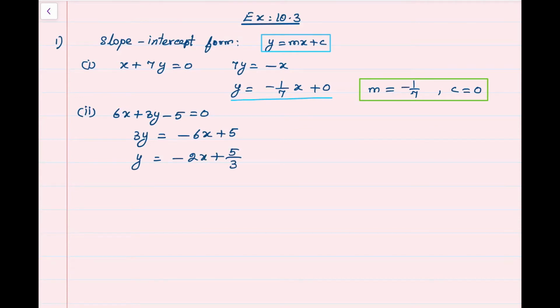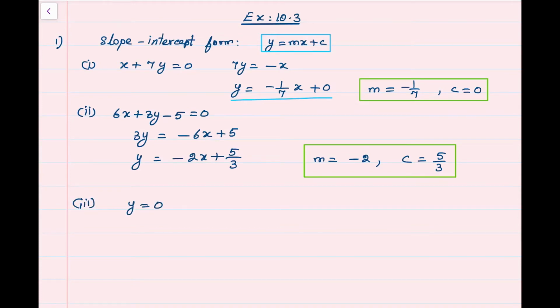By comparing the equations, the slope m is minus 2 and the y-intercept c is 5 divided by 3. The third subdivision, the given equation is y = 0. Already this equation is in slope-intercept form. By comparing the equations, the slope m is 0 and the y-intercept c is also 0.